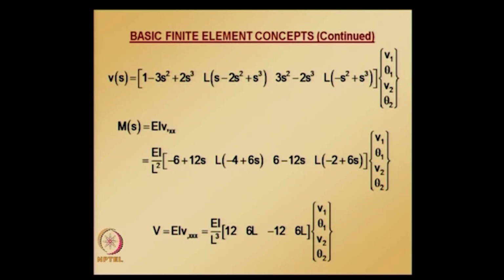Thus the two node element that we just derived gives the exact solution when it is used to analyze prismatic beams, that is, where EI is constant, subjected to concentrated loads. The exact solution for beams subjected to uniformly distributed loads can be obtained by using what is called the superposition technique, which we will see in a while.